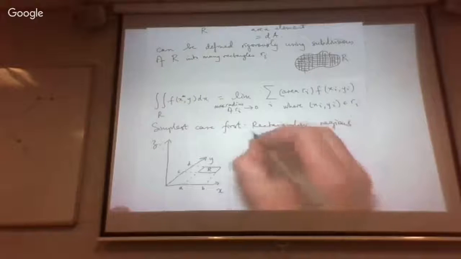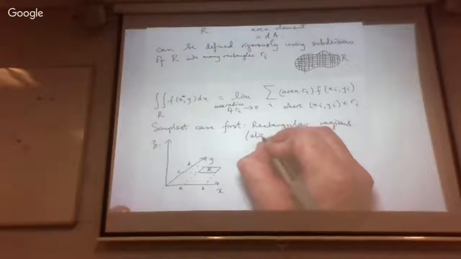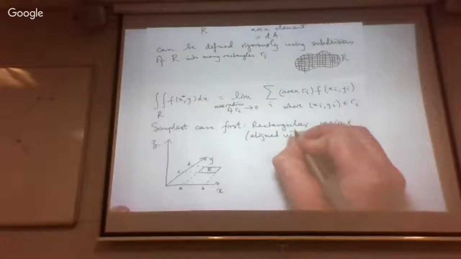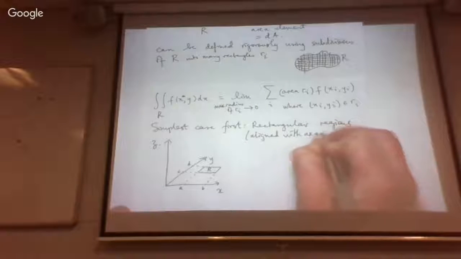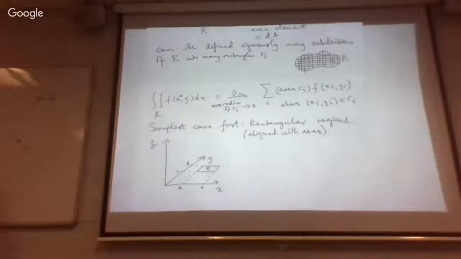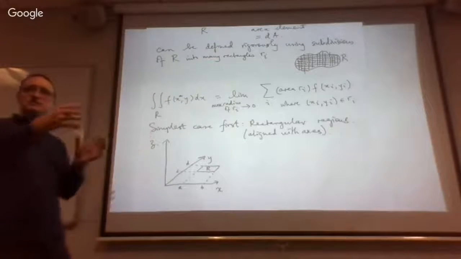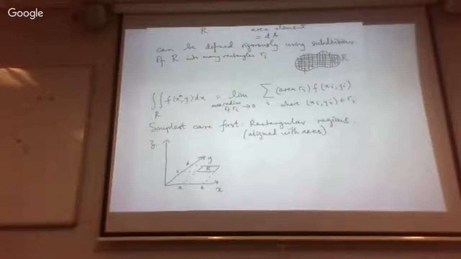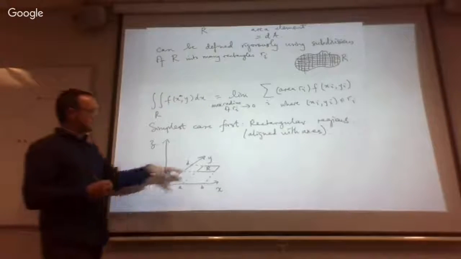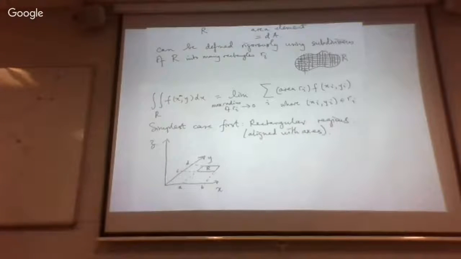It's a rectangular region aligned with the axes, meaning the two sides of the rectangle are parallel to the x and y axes. It's not just an arbitrary rectangle, which might be at some non-right angle to the coordinate axes. So what's this nicely configured rectangle here?